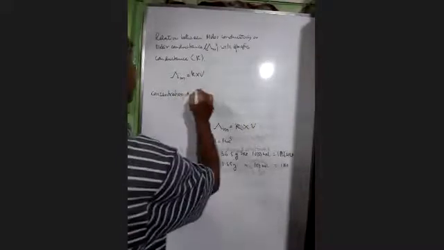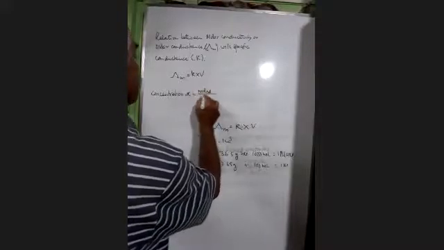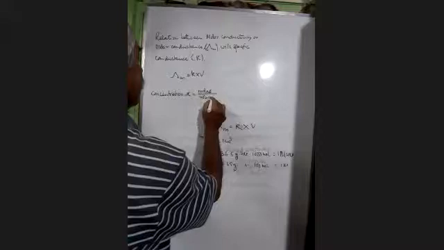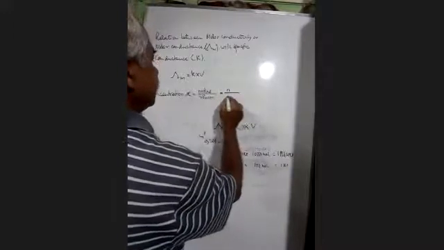Now see here. What is concentration? Concentration, suppose I write C, it is nothing but the number of moles by volume. So moles is n and V stands for volume.